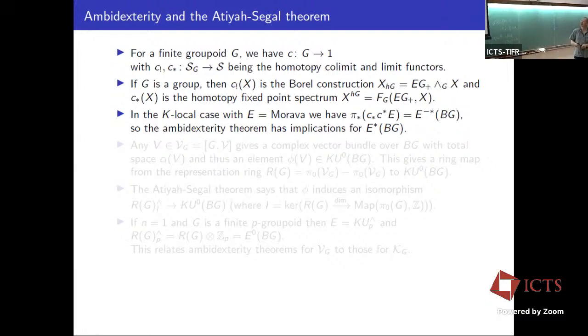And so the homotopy groups of this C lower star, C upper star, that's the regraded E cohomology of BG. And so the fact that C lower star is the same as C lower shriek is going to tell us a bunch of stuff about the structure of this ring. So we'll return to that theme later.